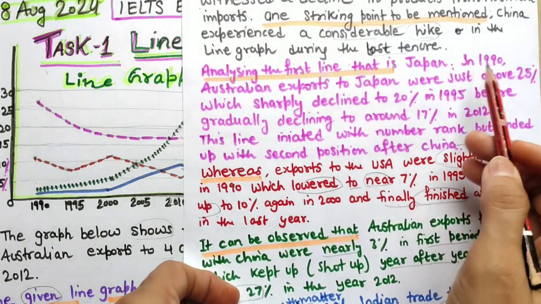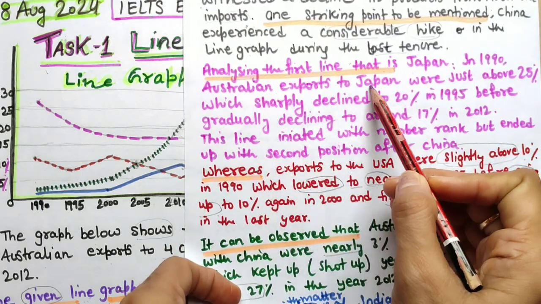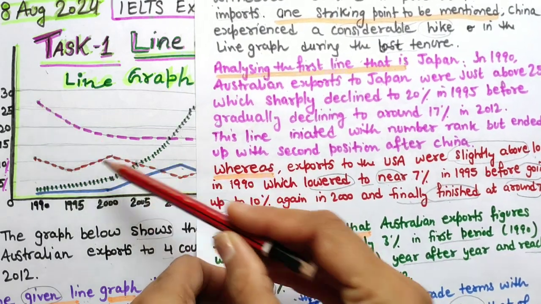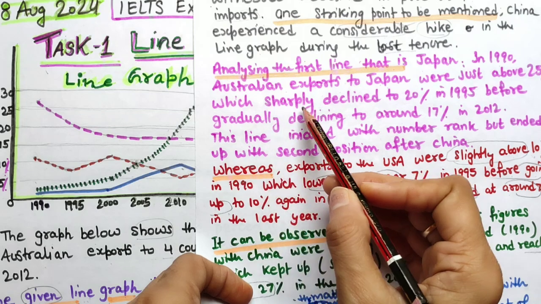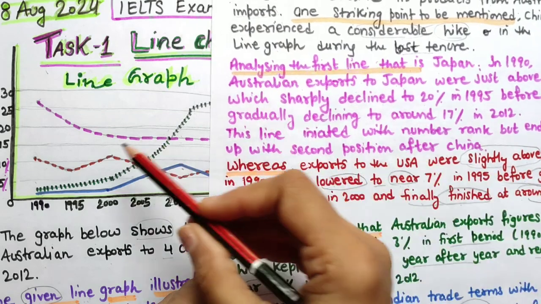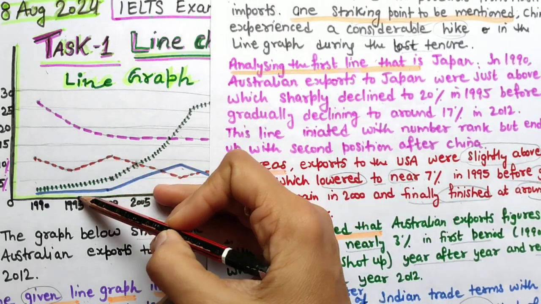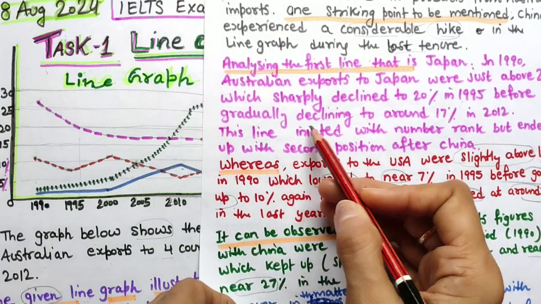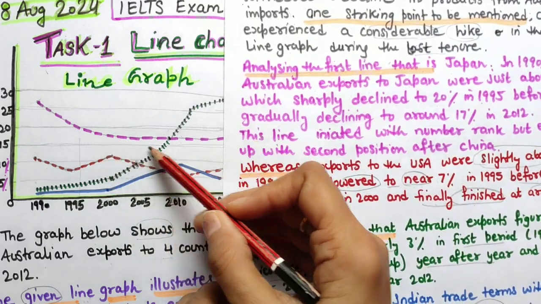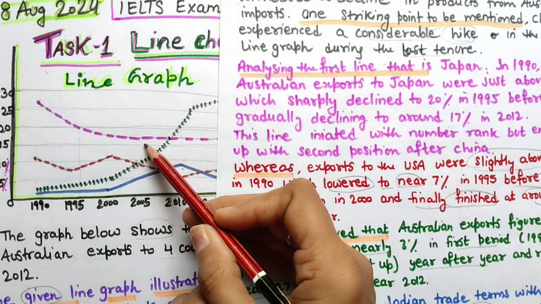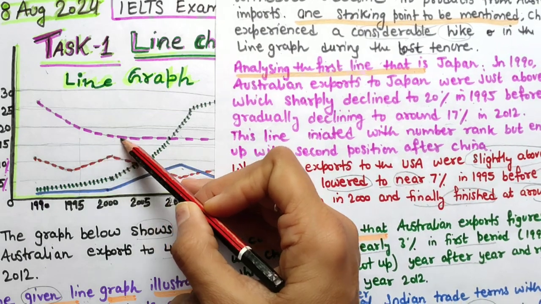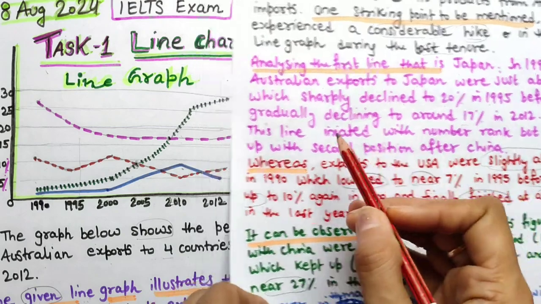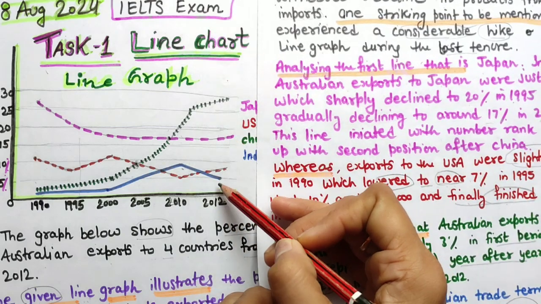In 1990, Australian exports to Japan were just above 25%, which sharply declined to 20% in the next year, 1995, before gradually declining to around 17%. See, this 17% is also there in 2012, in the final year.